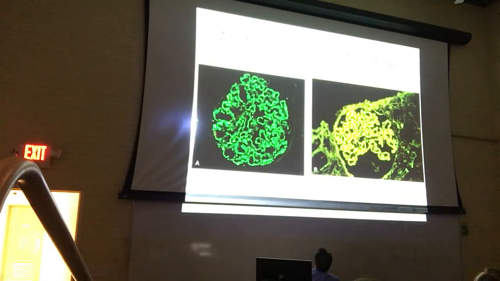Is it, for example, right here, continuous or is it more punctate versus right here? It's a lot more porous.